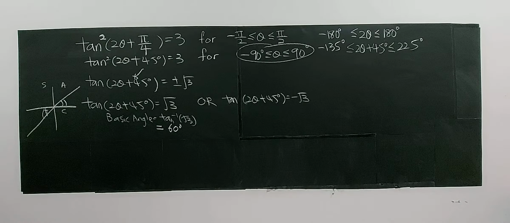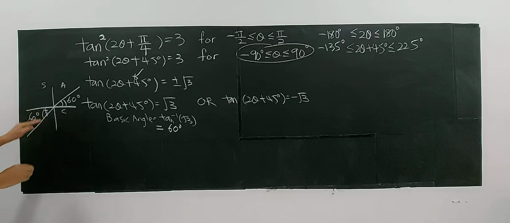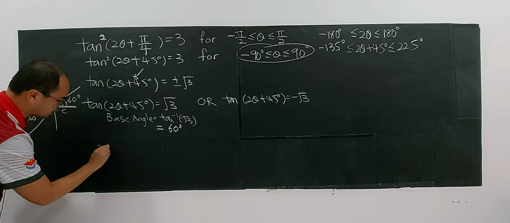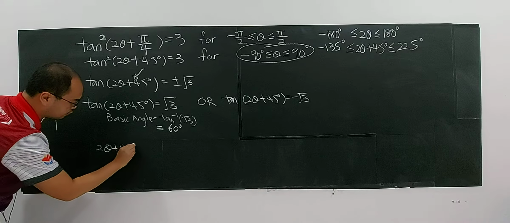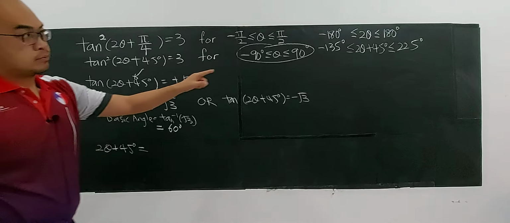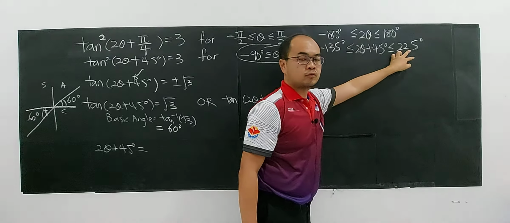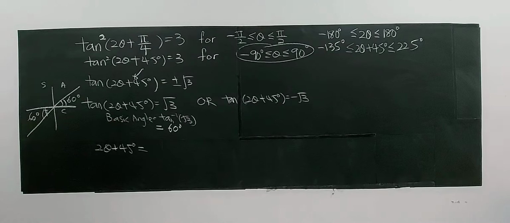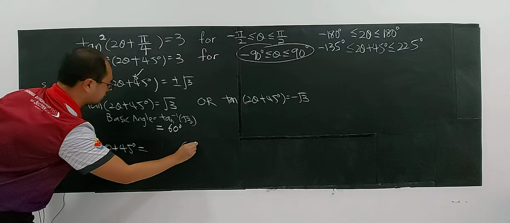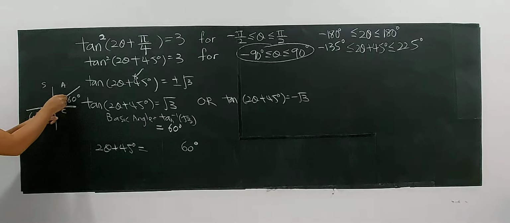So you have 60 degree, and in this quadrant tangent is positive. For the possible solutions, you have to list them out and be careful, because of the plus 45 degree. Looking at the range, it can only go up to a maximum of 225 degree. 60 degree is accepted because it is in the range, going anti-clockwise.